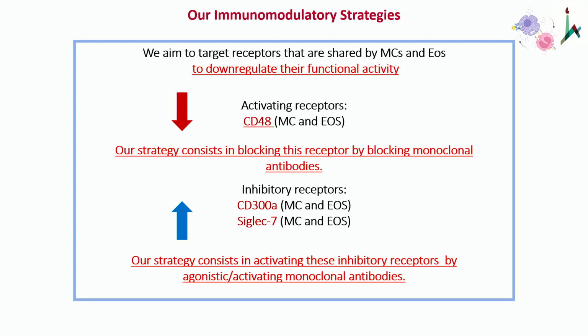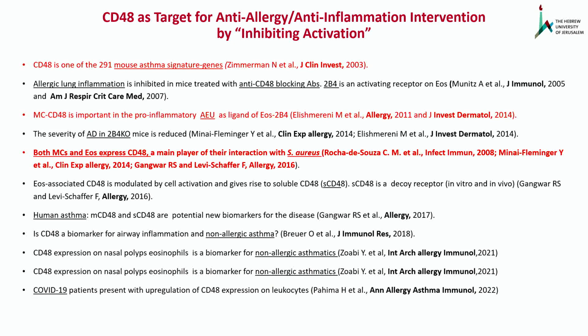So we show how important CD48 is, and I will quickly go on to convince you why we didn't choose 2B4. I won't go into the papers we published on that, but the first idea, that blocking CD48 would be a better target than blocking 2B4, came from a seminal study by Bad Zimmerman and Mark Rothenberg.